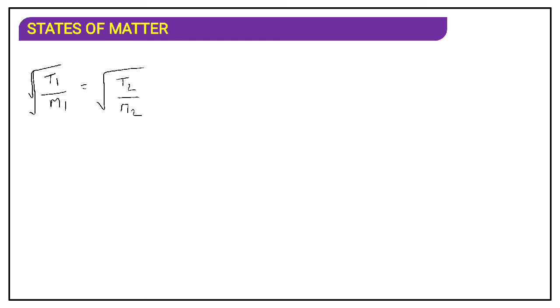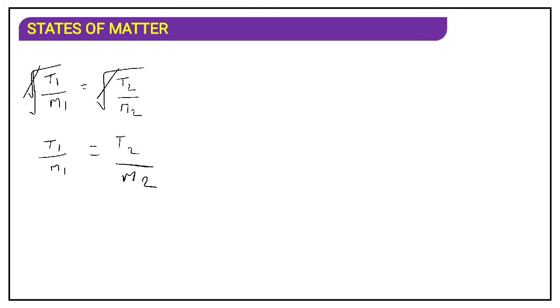Okay? So now here we can cancel the square roots. Then T1 divided by M1 is equal to T2 divided by M2.